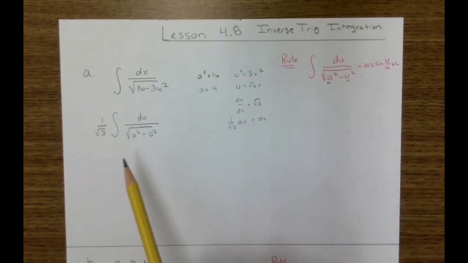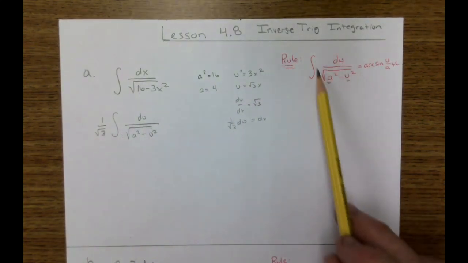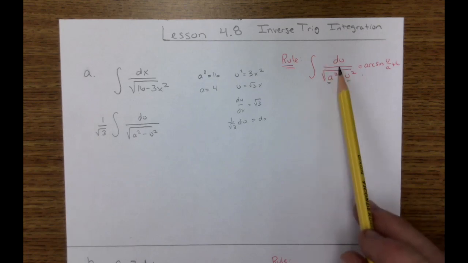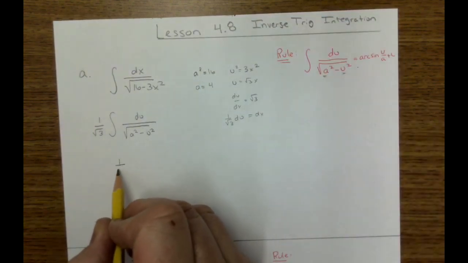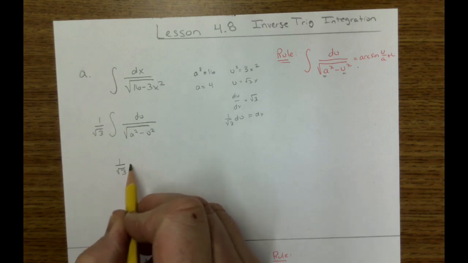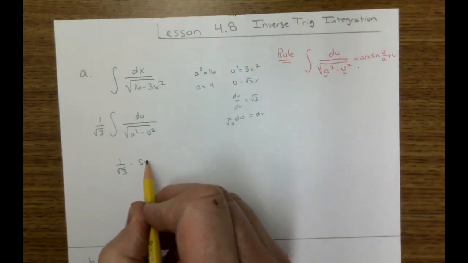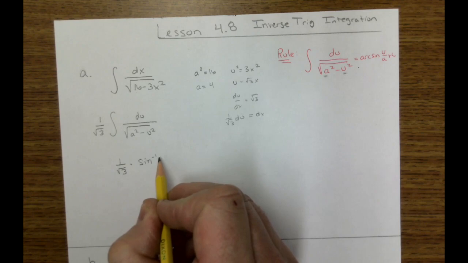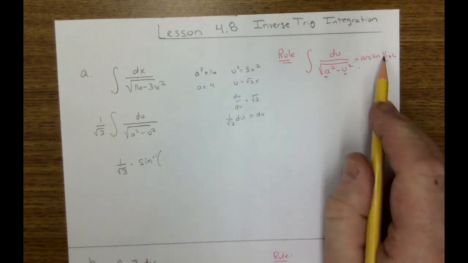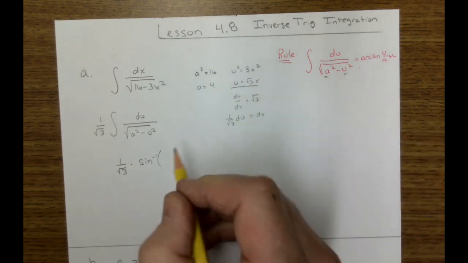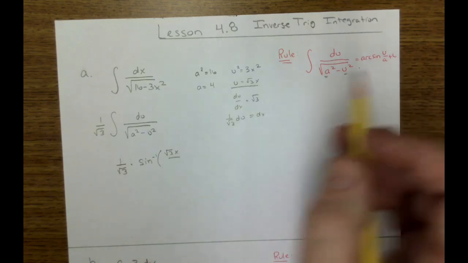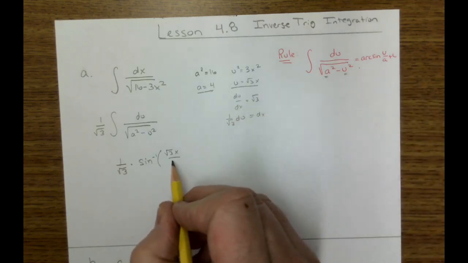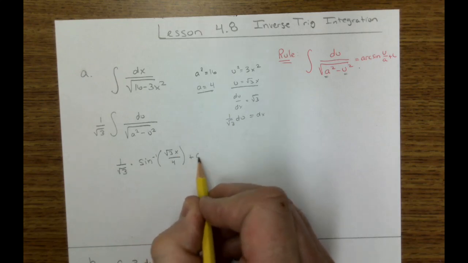And now if you look at that, that exactly matches this formula over here. So now I can do my integration. My integration is, don't ever forget about that constant, times arc sine of the u term, which is right there, root 3x, divided by the a term, which is right there, 4, and don't forget, plus c.